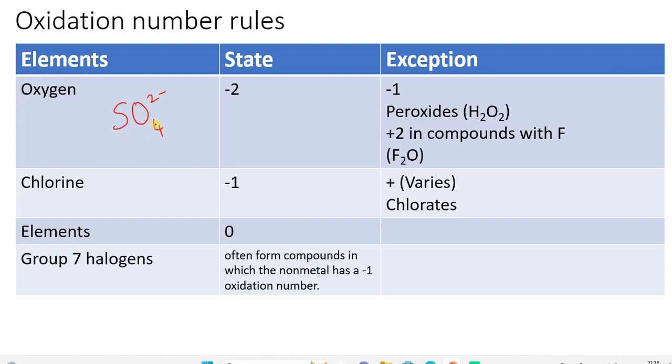We don't know about sulfur, but we know oxygen is going to be -2 in this case, so we have a total of -8 charge, because each oxygen has an oxidation state of -2. The total charge is -2, so for this to become -2, sulfur has to be +6. +6 add -8 gives -2, which is the charge of the ion. So again, sulfur has a +6 oxidation state here.